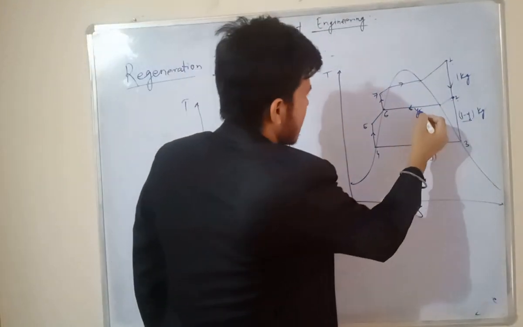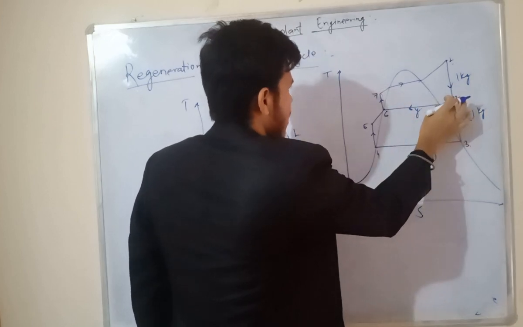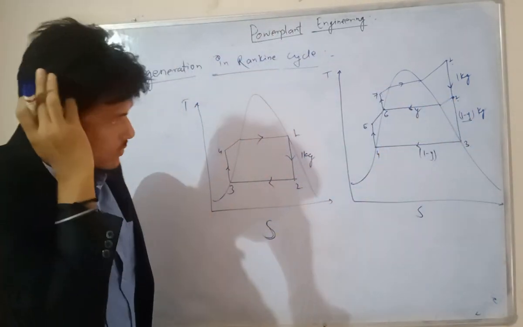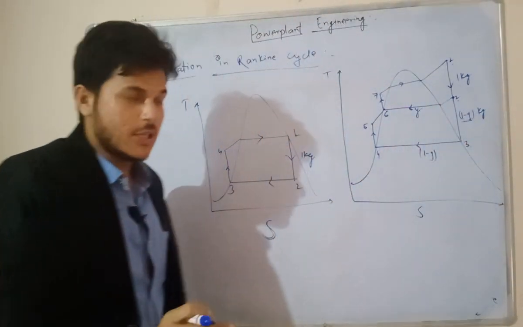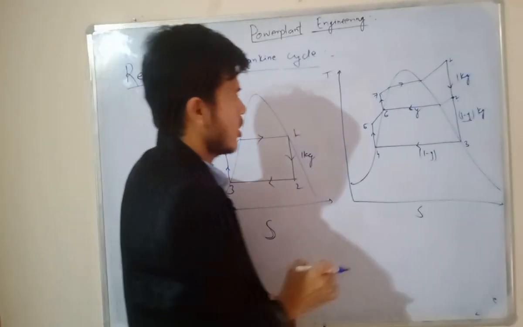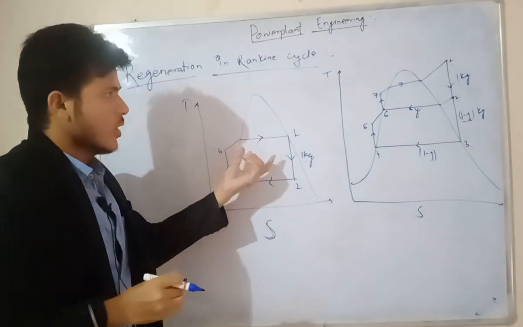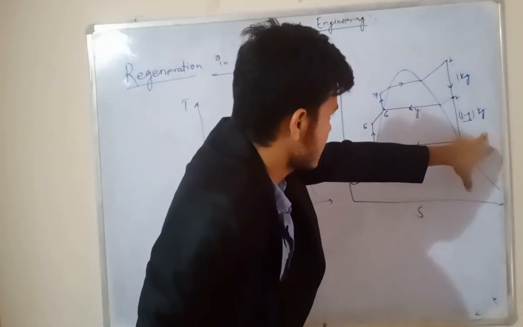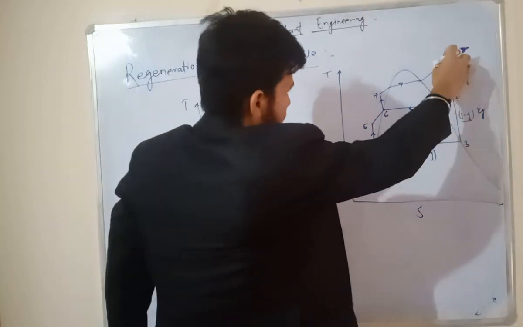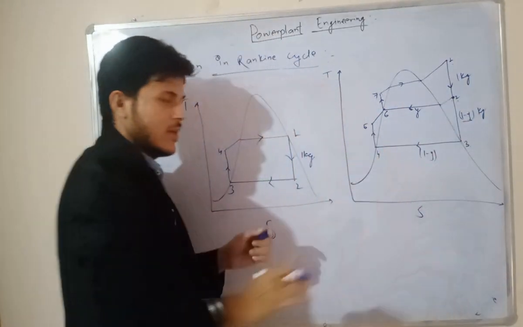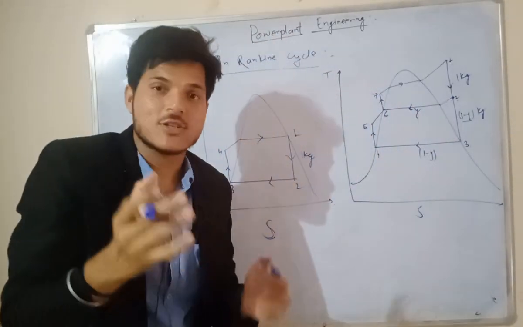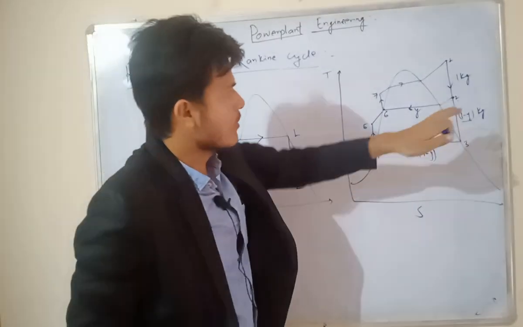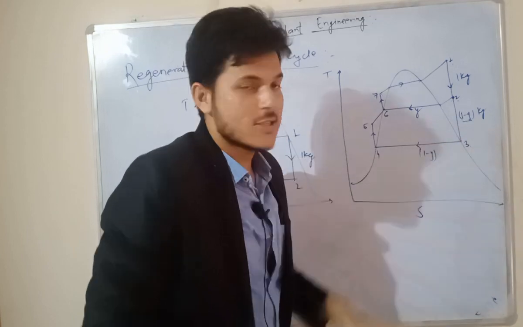Y means we are extracting the y fraction of steam from the point 2. It means that it reduces the work of the turbine. If you compare the simple Rankine cycle with the regeneration cycle, first 1 to 2, 1 kg of steam is expanded. From the point 2, we are extracting the y fraction of steam. The remaining is 1 minus y kg of steam.